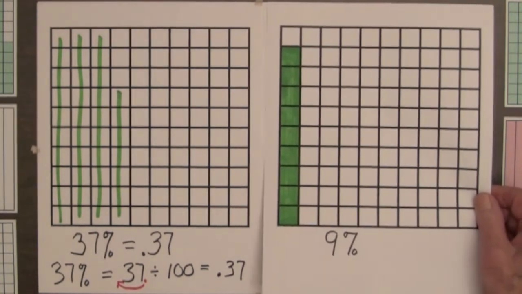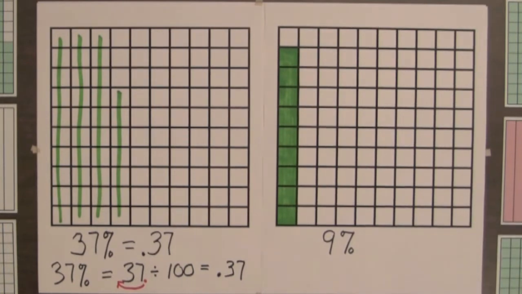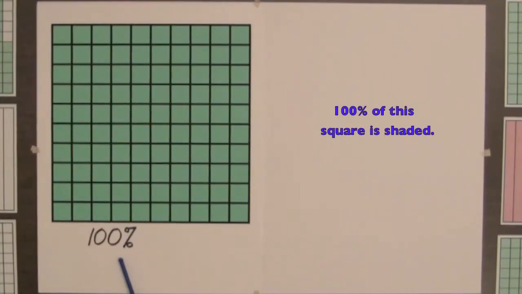Here's another square for 9%. For 9%, we divide 9 by 100 and get 9 hundredths. And once again, to divide by 100, we move the decimal point 2 places to the left. That's why we have to include an extra 0. For 100%, all 100 small squares are shaded.